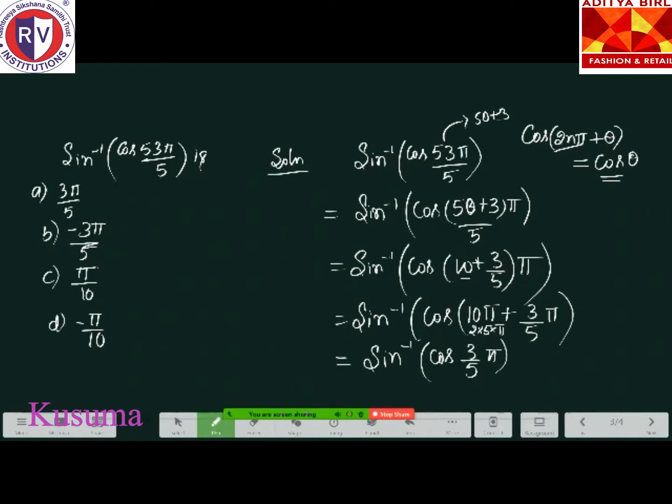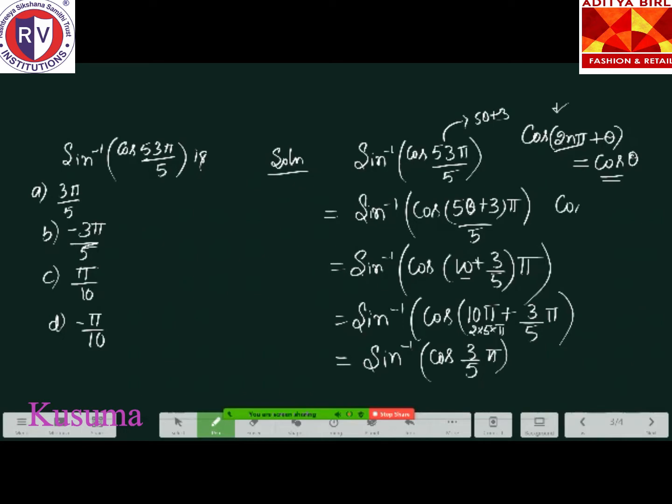Now this 10 pi, when we take pi inside, will be cos of 10 pi plus 3 by 5 pi. So 10 pi can be written as 2 into 5 into pi. So this will take the form cos of 2n pi plus theta.